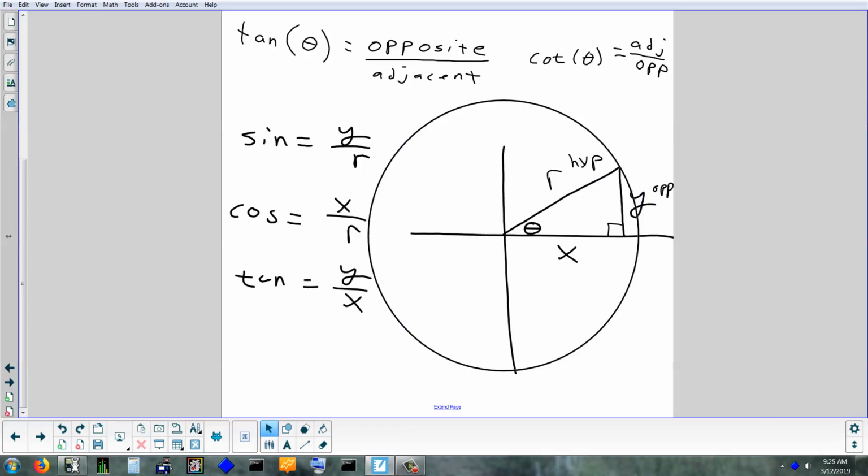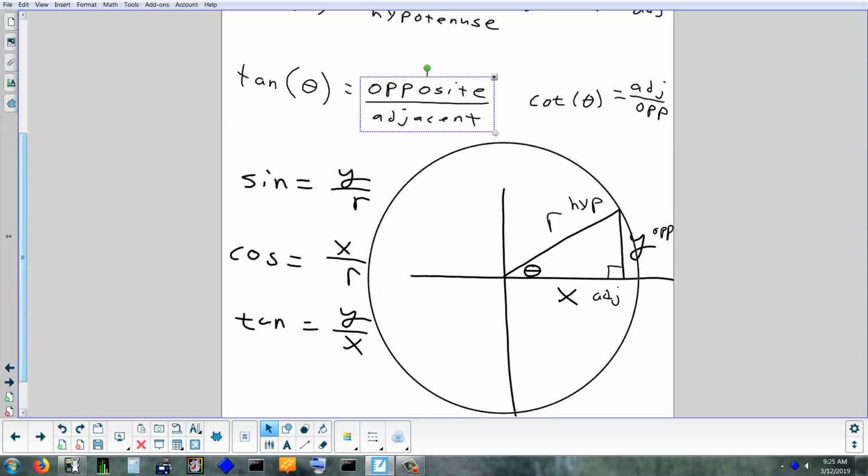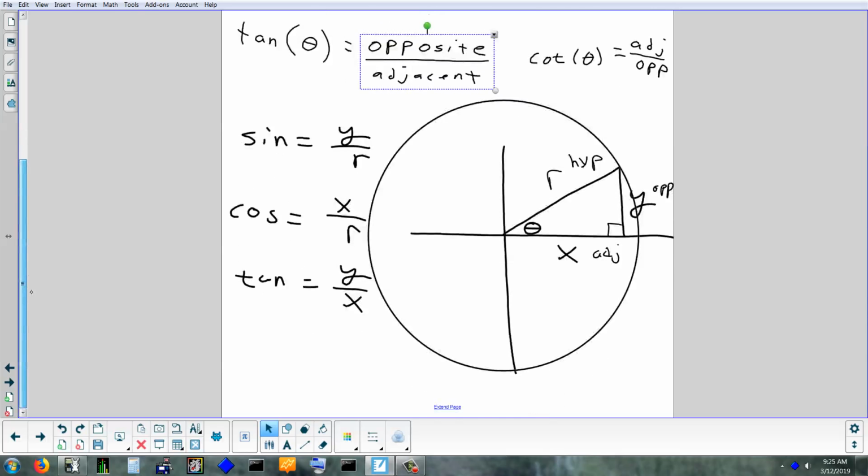Cosine, x over r. Well, x is right next to the angle. So what side is that? That's adjacent. So cosine is x over r from what we did last week, but that's really adjacent over hypotenuse. That's what I just wrote down for cosine. Right? In tangent, we put opposite over adjacent. Well, last week we learned it's y over x. Same thing. Y is opposite over x, which is adjacent. So unit circle trig and right triangle trig are the same thing. Just two ways of looking at it.